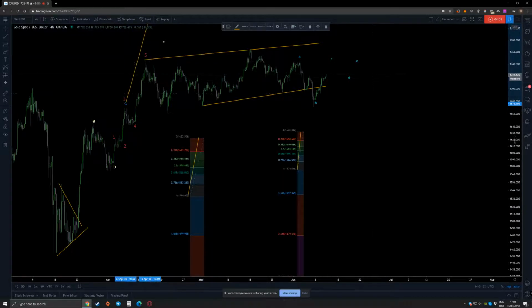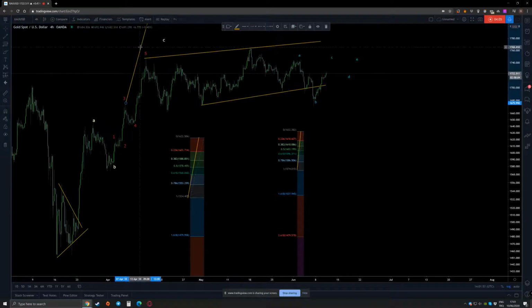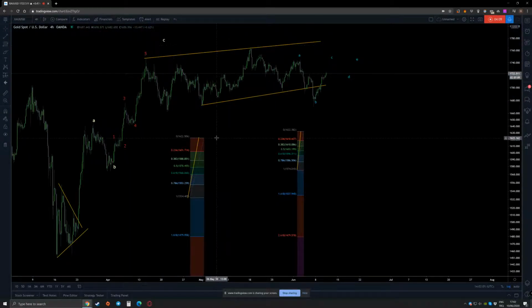Okay, like so. So we would have needed to go so much higher. This is not the case at our point, and we should always remember this rule.